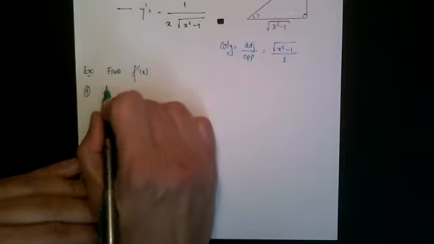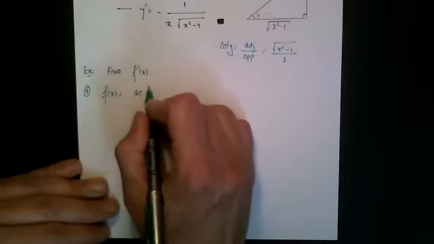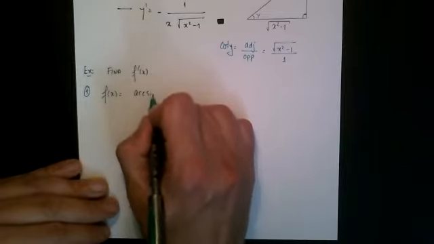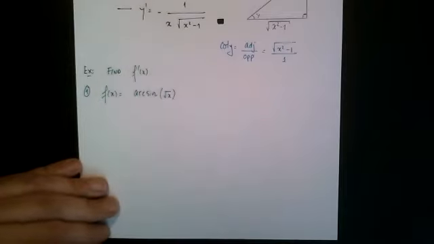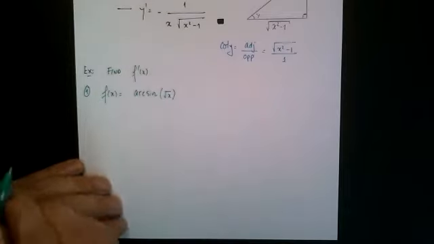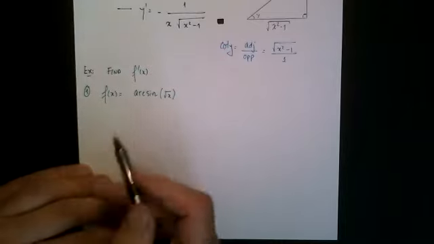So first of all, let's say f of x is equal to the arc sine of the square root of x. Okay, so let's go.